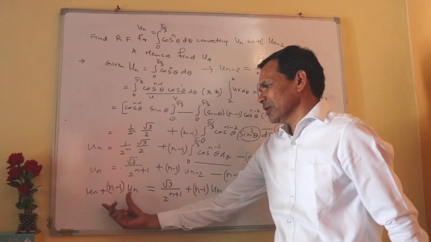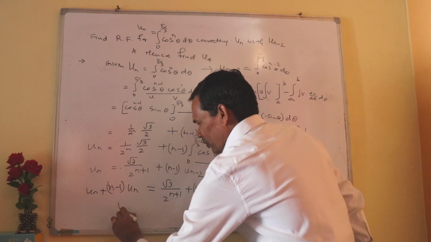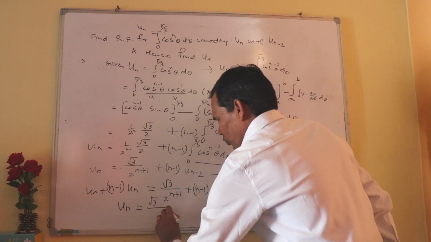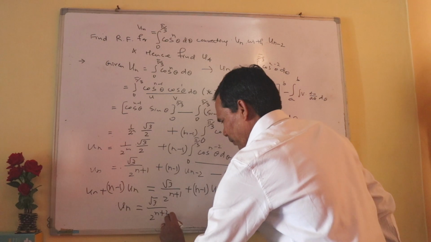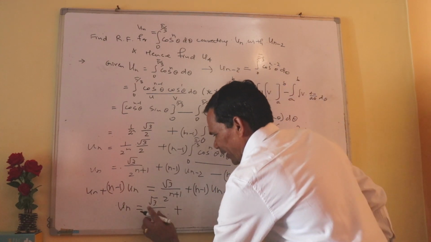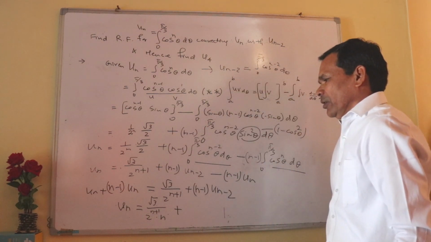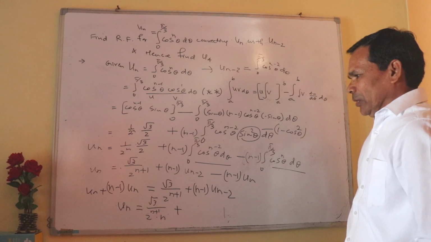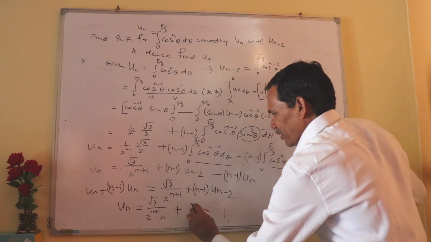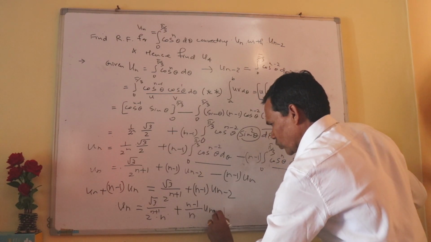Now if you simplify this, un taken outside, so plus 1 minus 1 gets cancelled. Then un is equal to, take this n on this side, so root 3 upon 2 raised to n plus 1 into 2 raised to n plus 1 into n, divided by n, and this one is n minus 1 divided by n, into un minus 2.